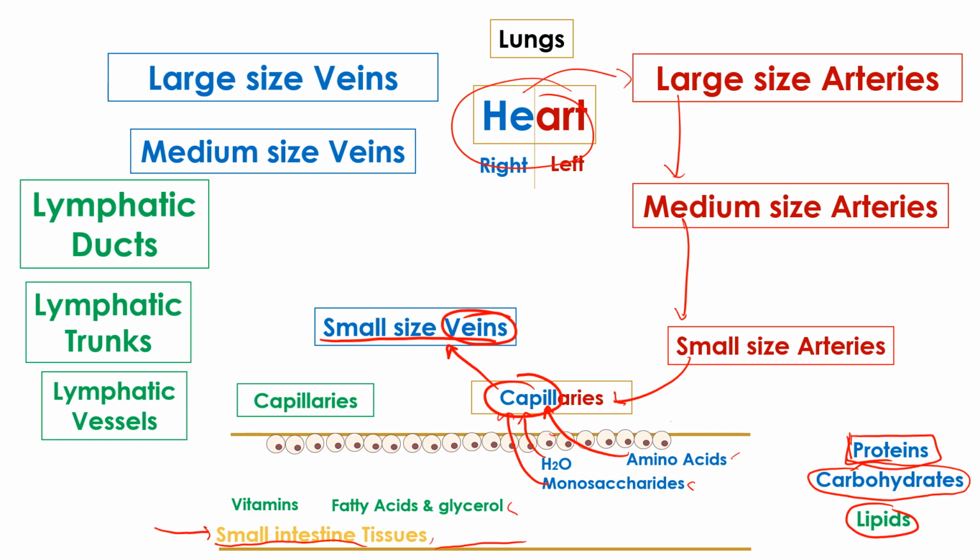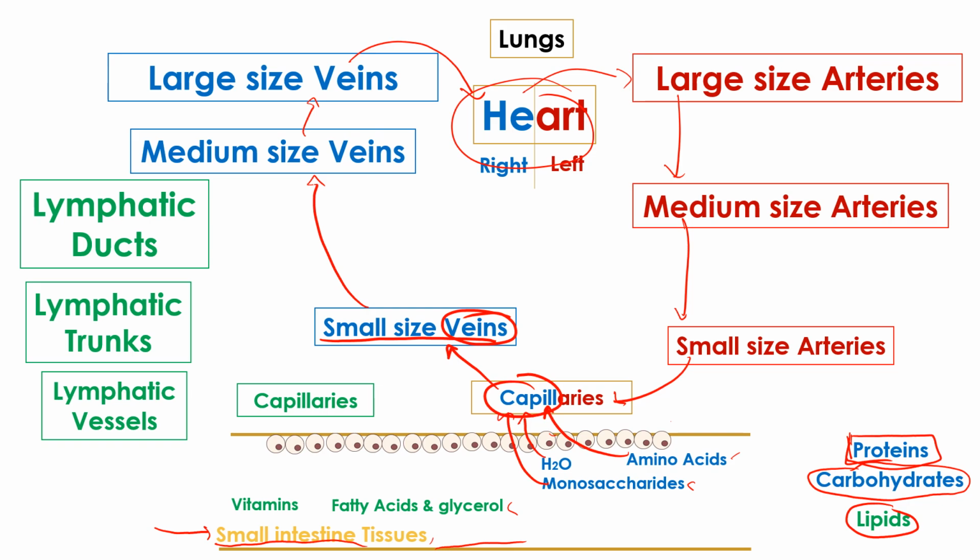And also we have the liver somewhere here, which at this point is probably too crazy, so just ignore that for now. We're going to see why it's important in the digestive system. But the point here is that those small vessels become medium size and then from medium to large, and then they dump into the left side of the heart as we learned before.